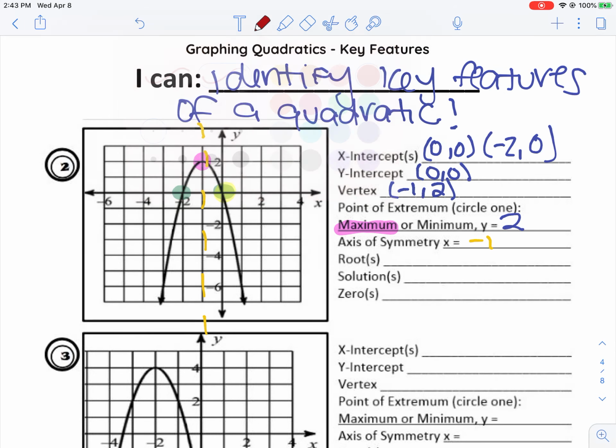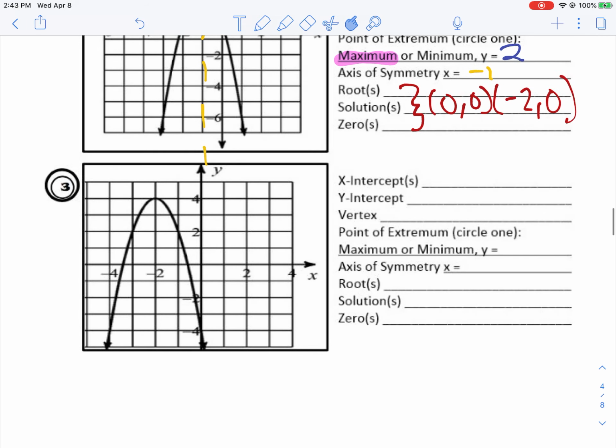Roots, solutions, and zeros, they all mean the same thing. They all mean x-intercepts. So we have already identified these. They were all (0, 0) and (-2, 0). So you could see different terminology that's telling you what your x-intercepts are.